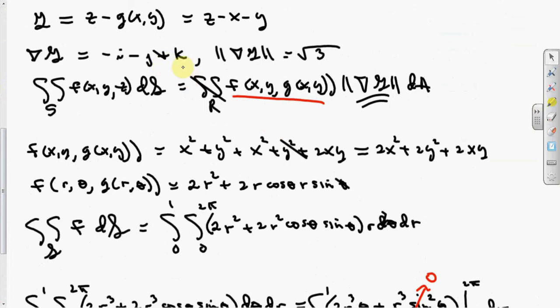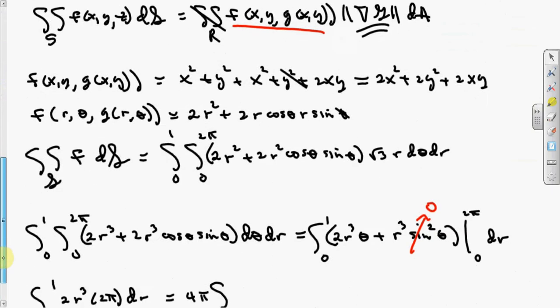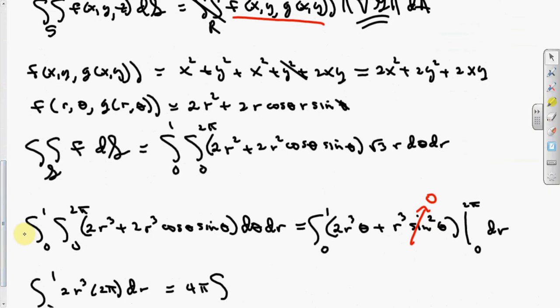Mercy. When I get ready to erase, I don't know, I think it's the pen. So this is square root of 3, then that was r d theta dr. I'm going to put that square root of 3 here.